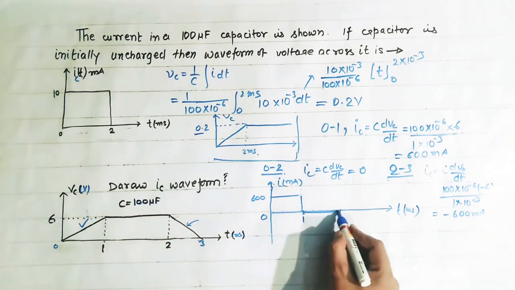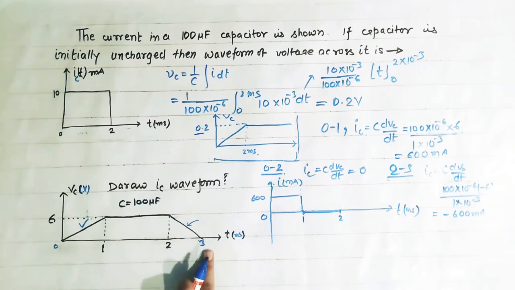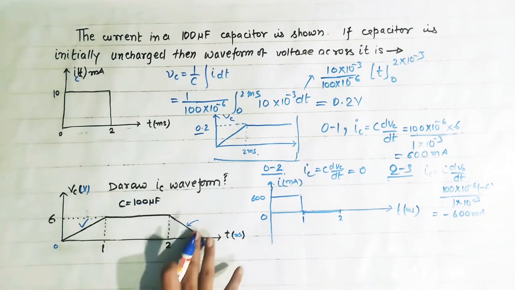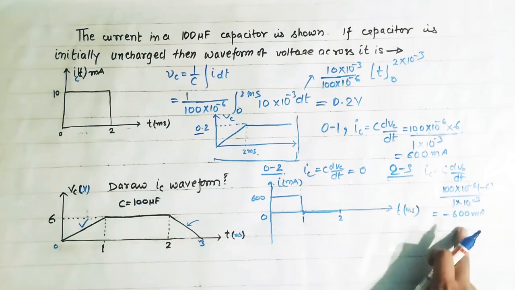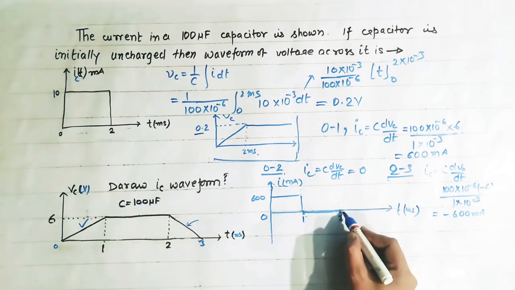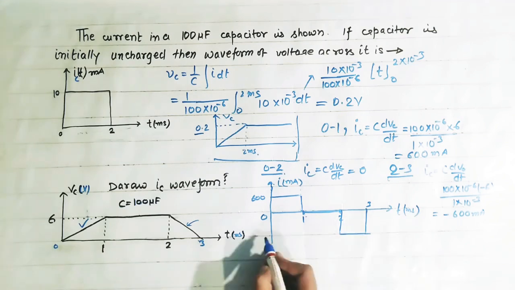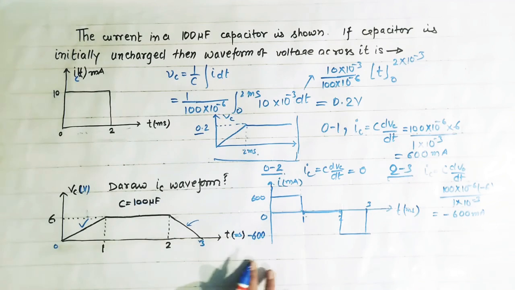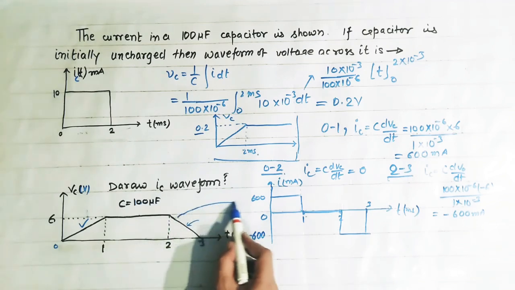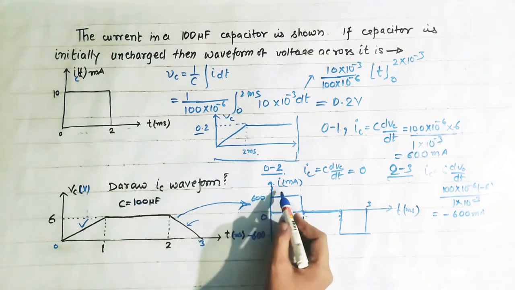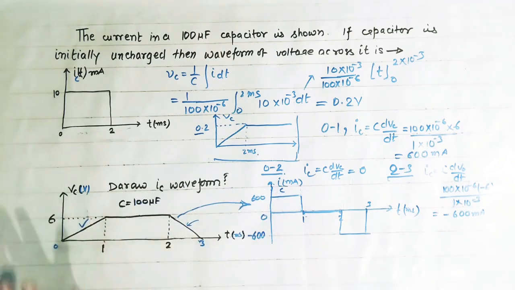That's why this waveform is 0. Now from 2 to 3 second, this waveform is again a ramp function, and we know that differentiation is a constant, and that is equal to minus 600 milliampere. So from 2 to 3, this waveform is like this. Suppose this is minus 600. So this is the waveform of capacitor current for this given capacitor voltage.